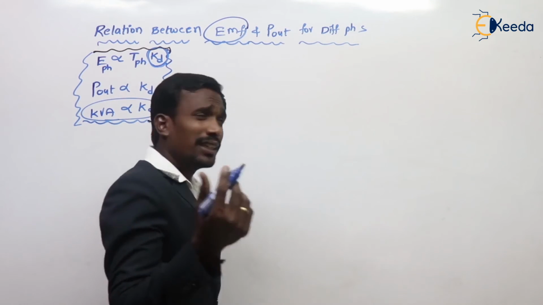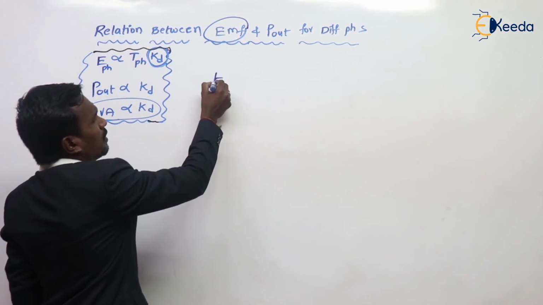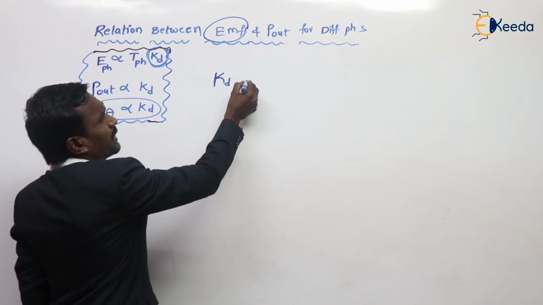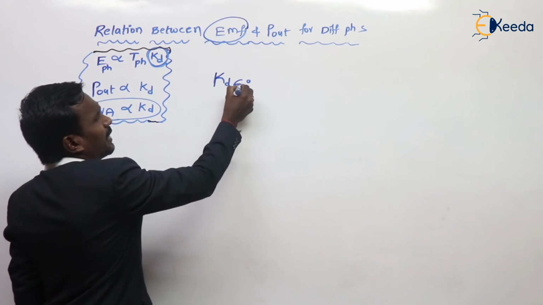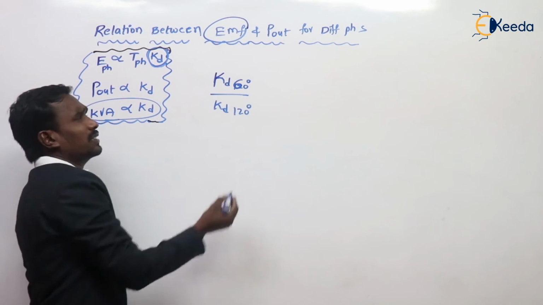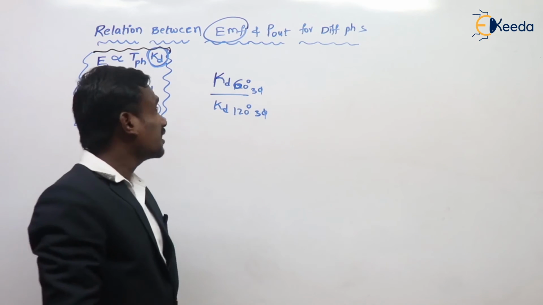For example, they may ask a question on KD for 120 degrees or 60 degrees, both 3-phase. This is different.